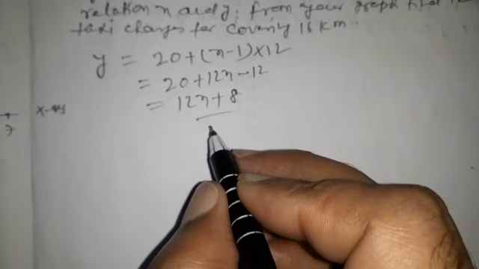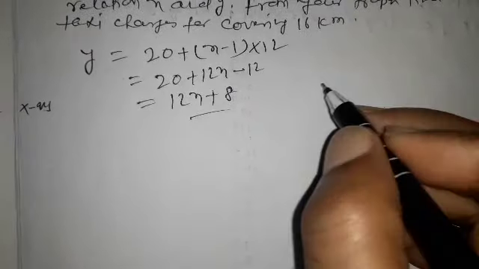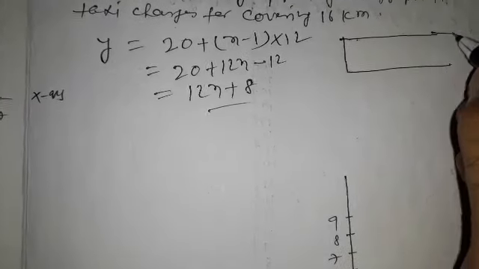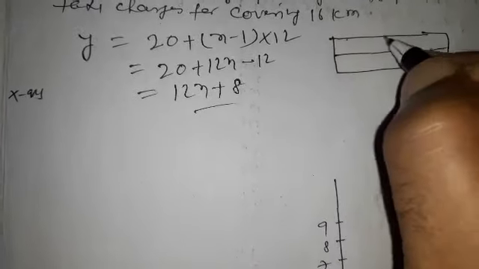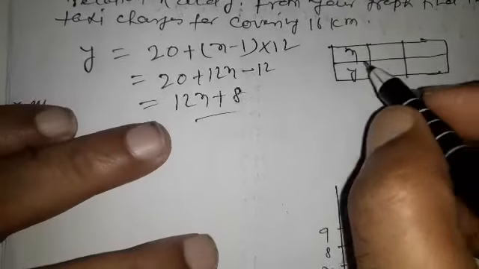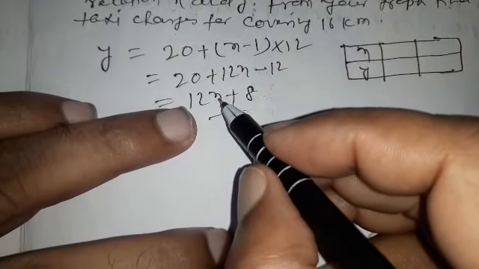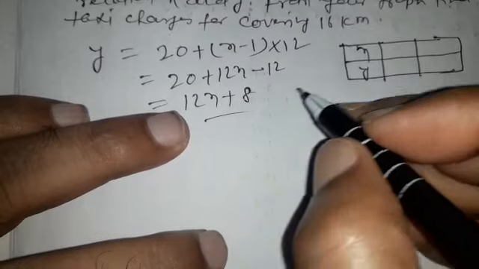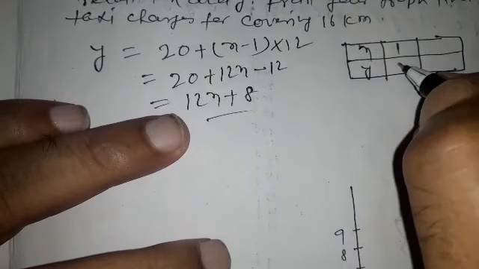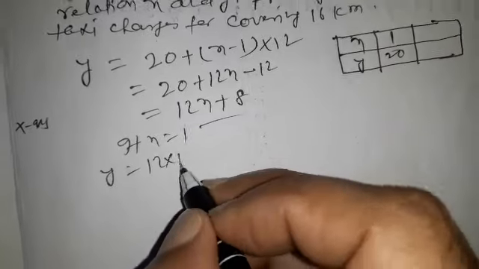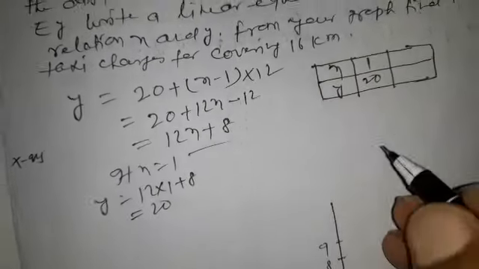If we want to plot the graph, here we make a table of x and y. Negative values are not taken, because distance cannot be negative, so we always take positive values. If x is 1, then y is equal to 12 into 1 plus 8, that is 20.